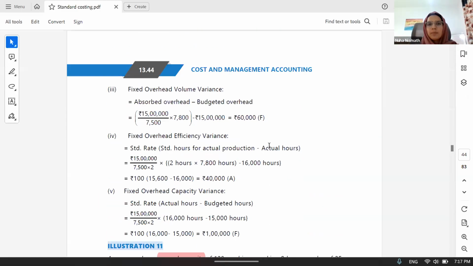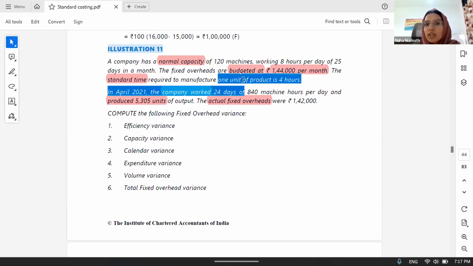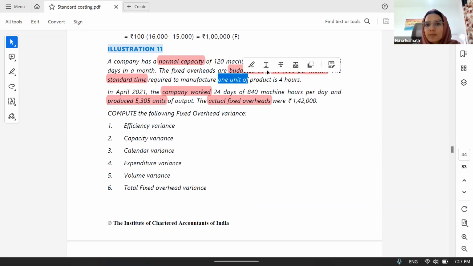Illustration 11 begins at page number 44. A company has a normal capacity of 120 machines, working 8 hours per day of 25 days in a month. The fixed overheads are budgeted at 1,44,000 per month. The standard time required to manufacture one unit of product is 4 hours.